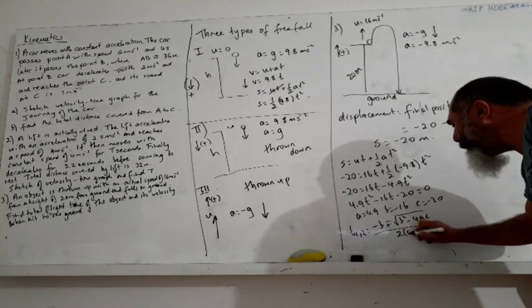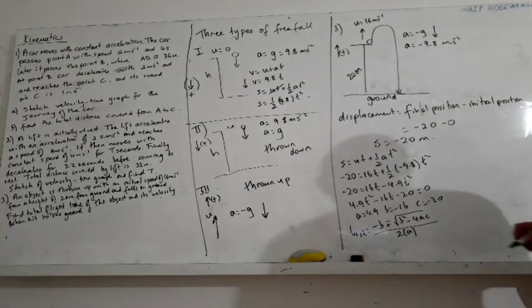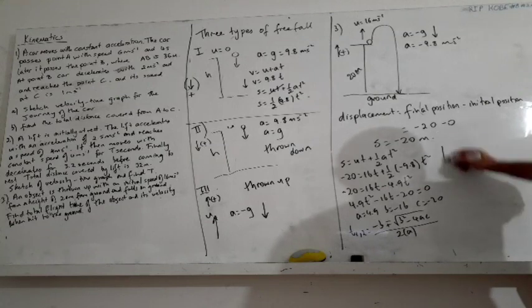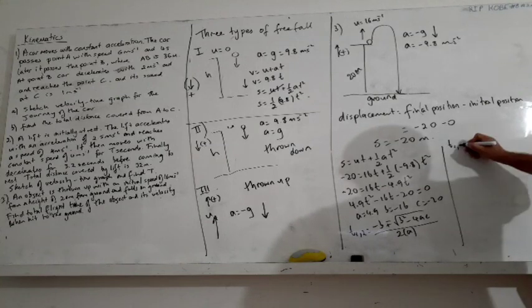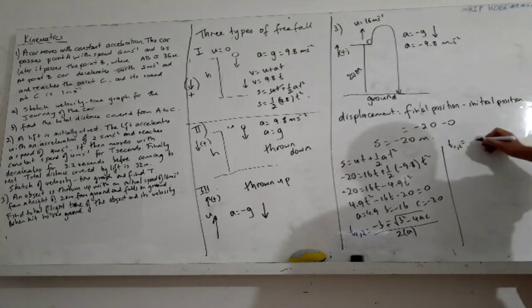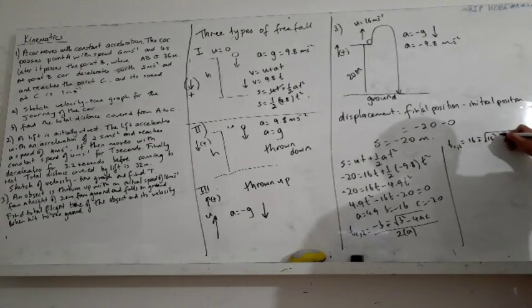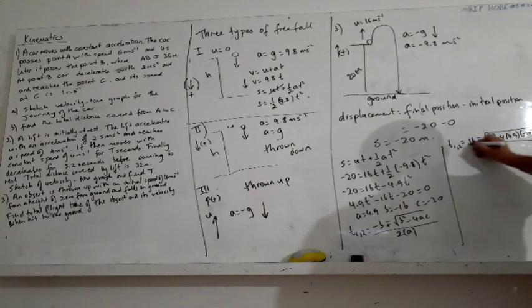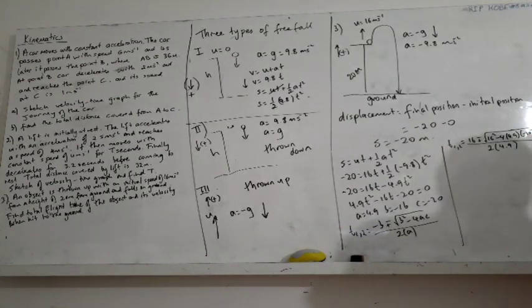So t will be 16 minus or plus the square root of 16 squared minus 4 times 4.9 times minus 20, divided by 2 times 4.9.